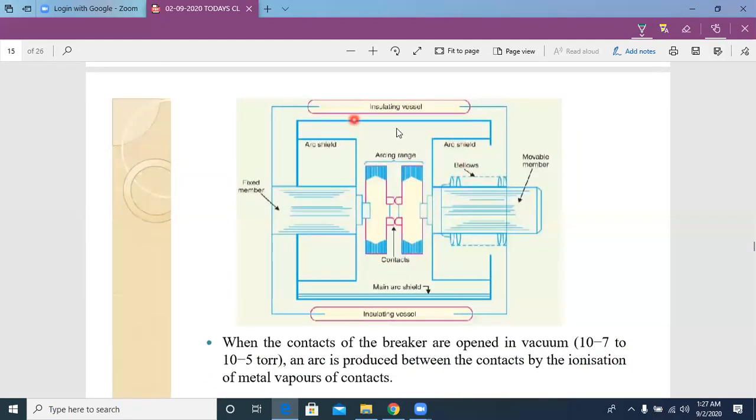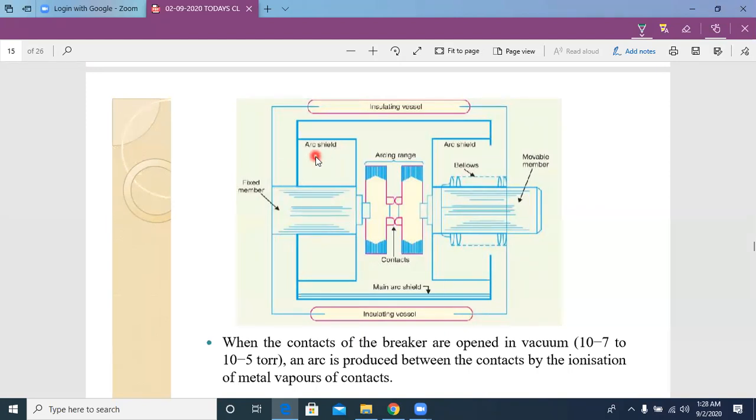Here is the simple view of a vacuum circuit breaker. Here is the insulating enclosure, the outer body of the vacuum circuit breaker, made of glass, porcelain, or reinforced plastic.